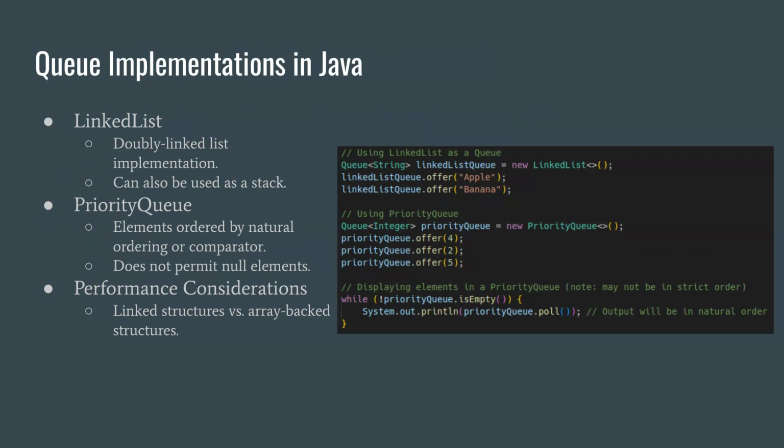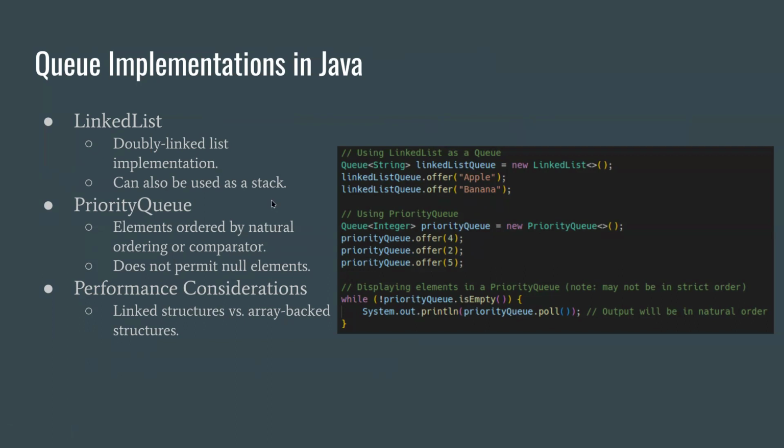The priority queue, on the other hand, orders its elements based on natural ordering or a comparator, and is ideal for tasks where priorities need to be managed. It is important to consider performance aspects when choosing an implementation.